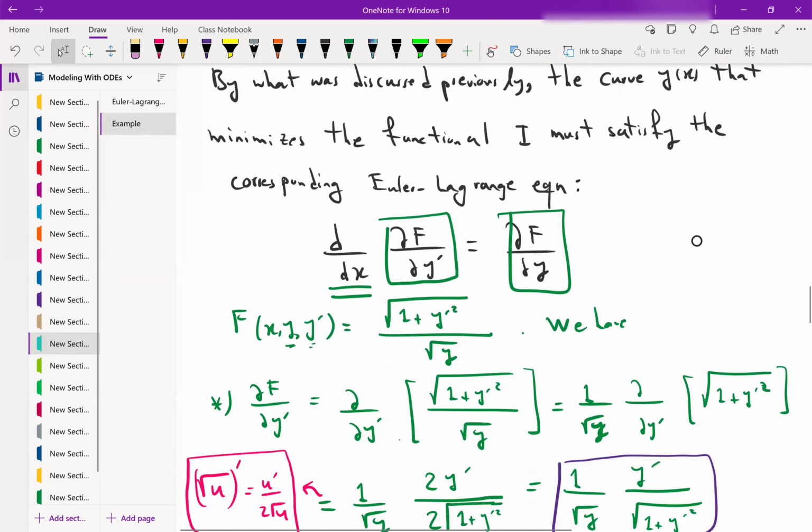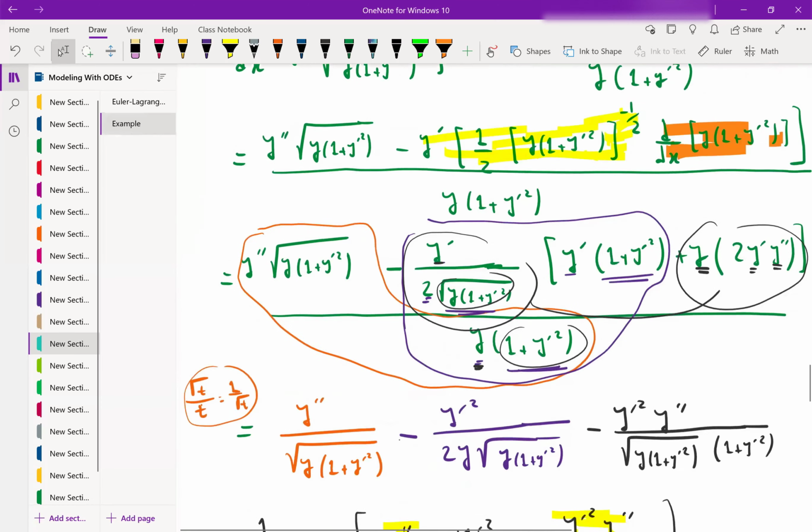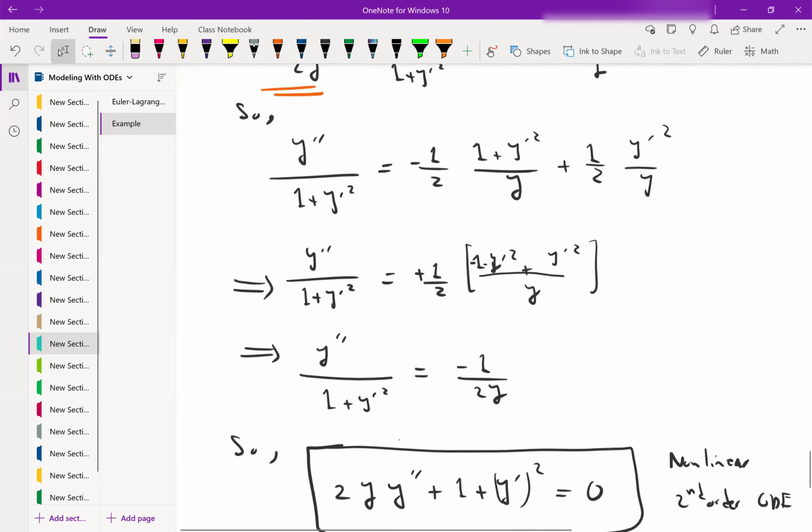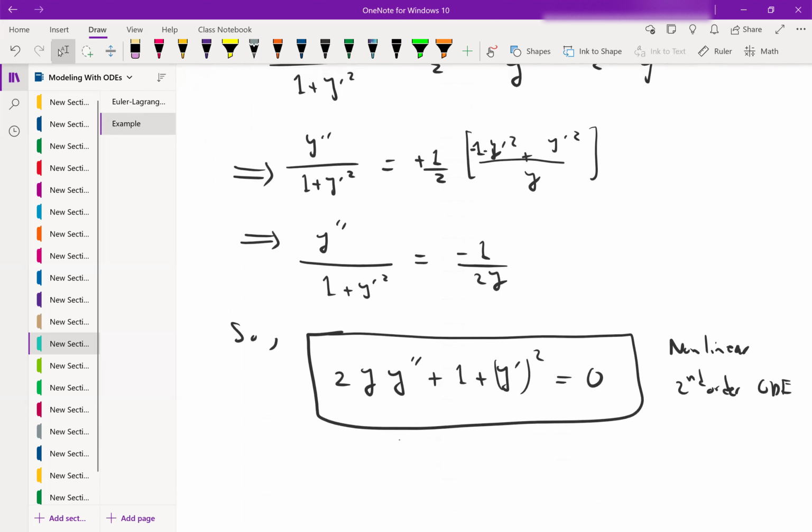But nevertheless, we considered y as a function of x, and now we have our Euler-Lagrange equation. It's the second order ODE. So as you can see, the Euler-Lagrange equation can be a source of some of the ODEs that appear in real life applications.